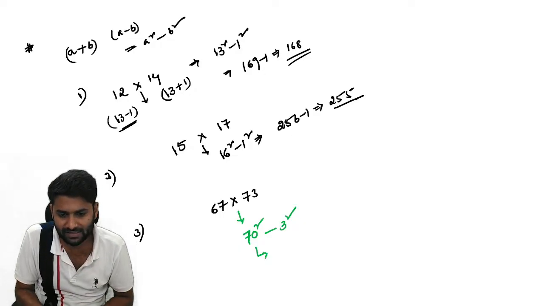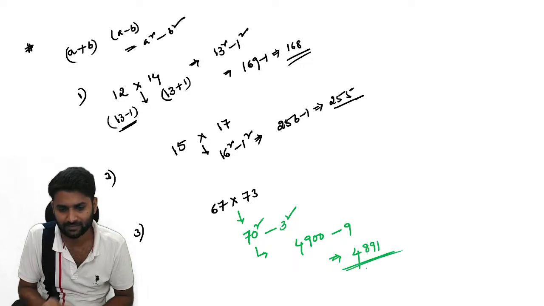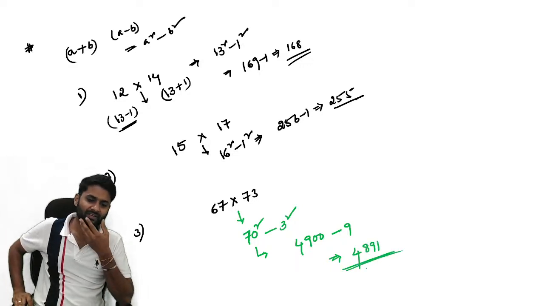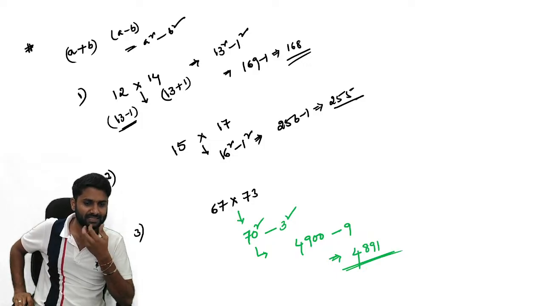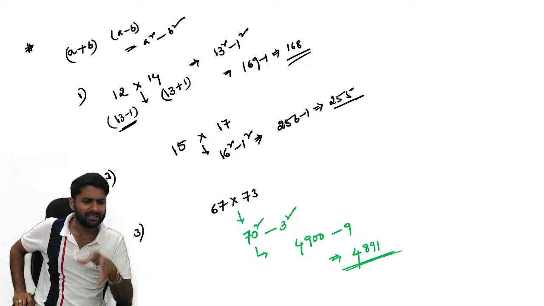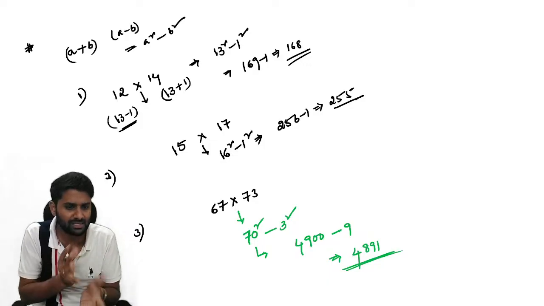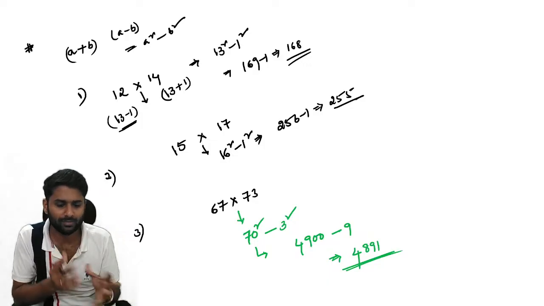Now 70 square is 4,900 and subtract 9. So the answer is 4,891. If 67 is multiplied with 73, then the resultant is 4,891. These are the observations. If you see this kind of multiplication in your examination, you can save your time compared to the normal traditional method.